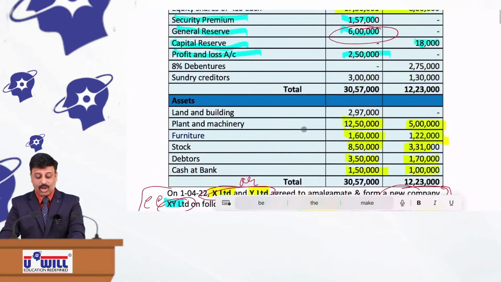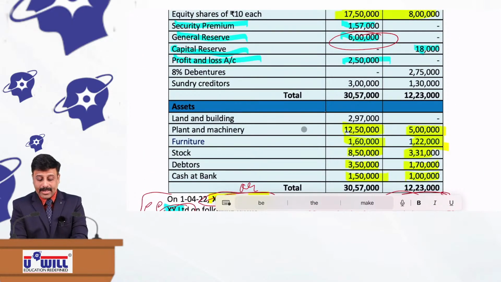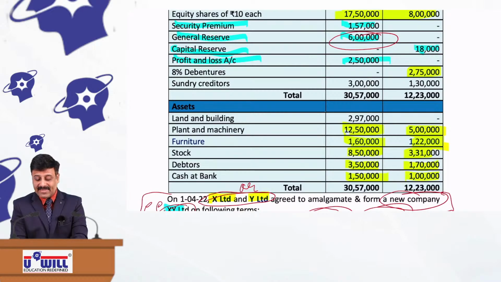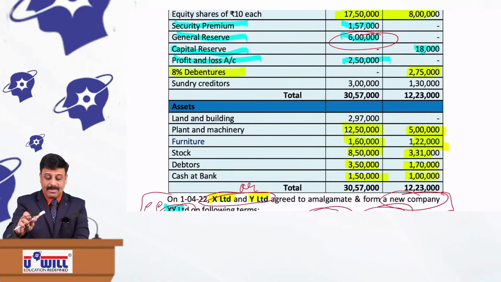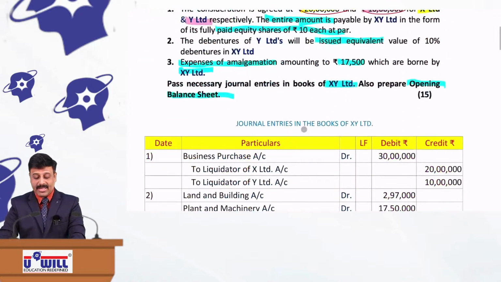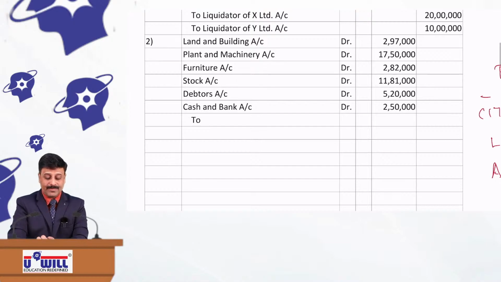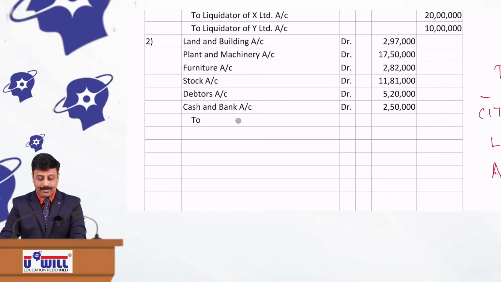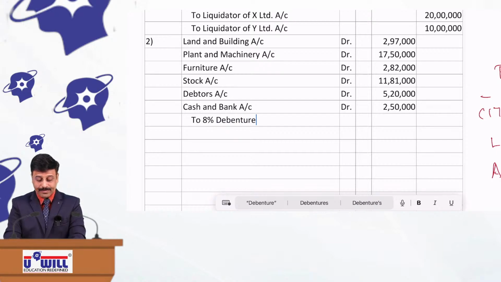Now in liabilities, what all we have here, you all can see debentures we have with 2,75,000, 8% debentures. So to 8% debentures account, 2,75,000.